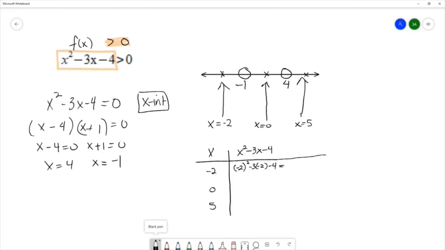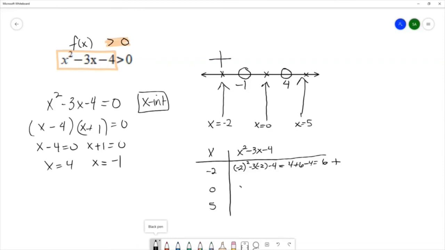That comes out to be 4 plus 6 minus 4. 10 minus 4 is 6. And that came out positive. So this interval is positive or above the x-axis.